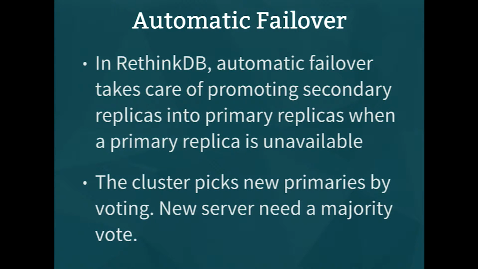So automatic failover in RethinkDB does, again, I'm simplifying things a lot here, one very important thing: if one of your primary replicas goes down for whatever reason, like the server explodes or someone trips over a cable, and you lose that primary replica, it takes care of promoting one of those secondary replicas to primary.